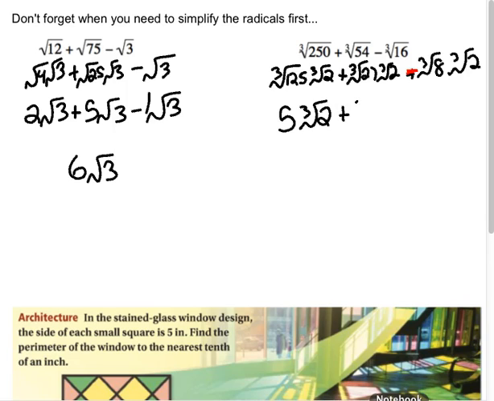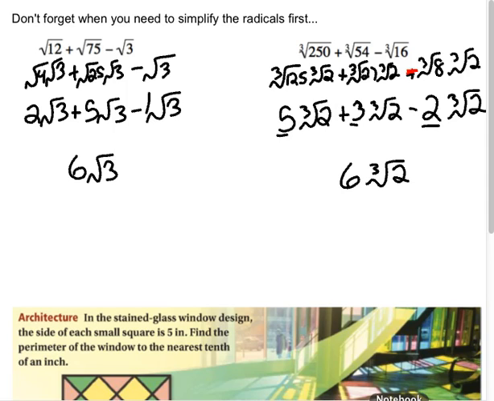Cube root of 27 is 3. Cube root of 8 is 2. So once you simplify the radicals, now you can see all of them are like radicals. So 5 plus 3 is 8, minus 2 leaves me with 6 of those cube roots of 2.